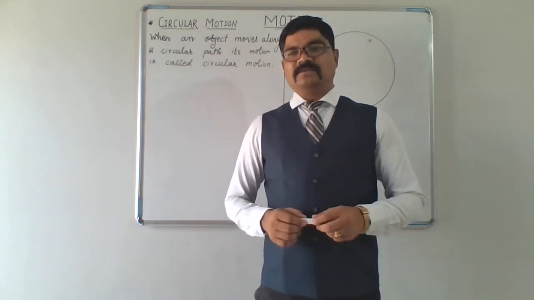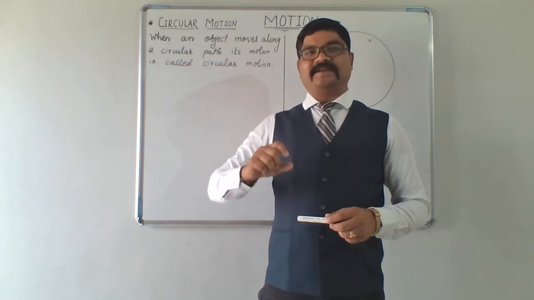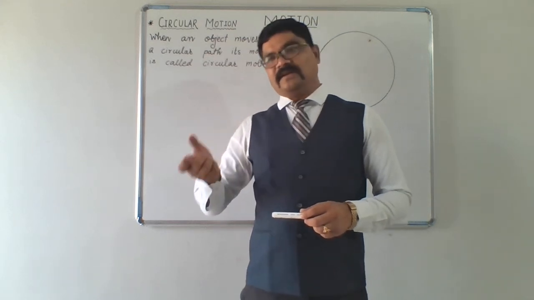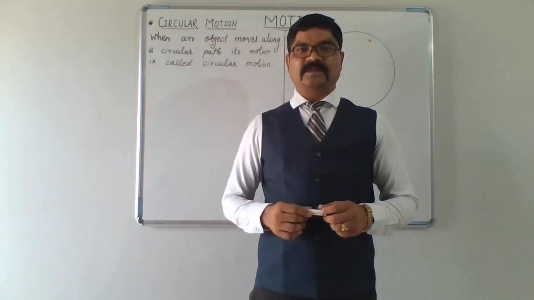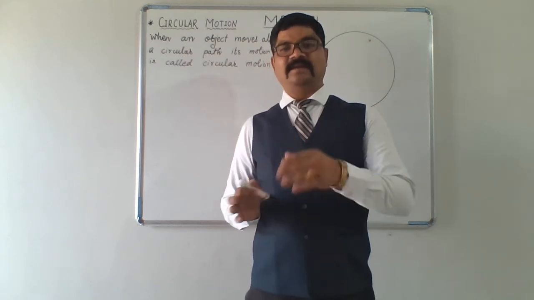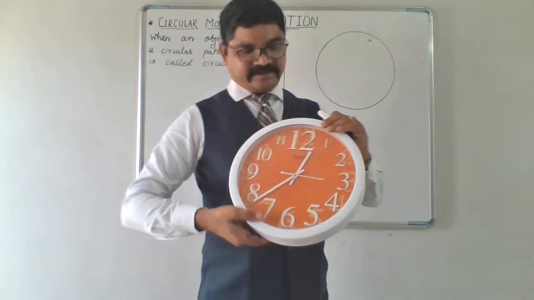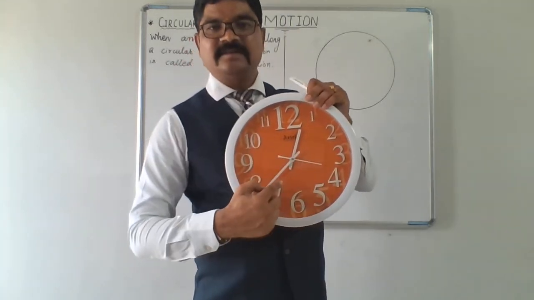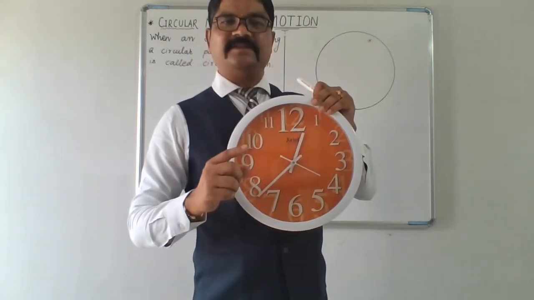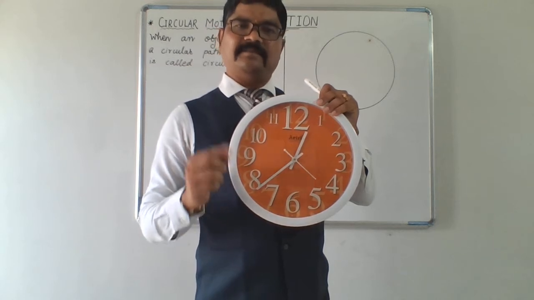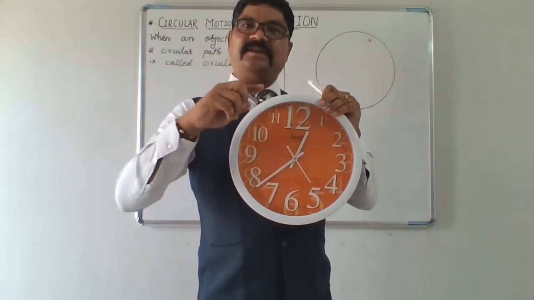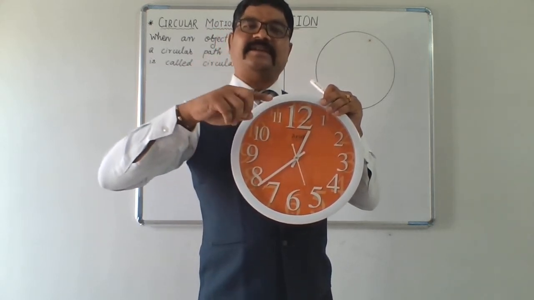Now depending upon the time that is taken for covering equal distances, suppose the time is equal, like a clock, this second hand covers equal distance in equal intervals of time. Every time, that's why it will tick 1 second, 1 second, 1 second, 1 second.